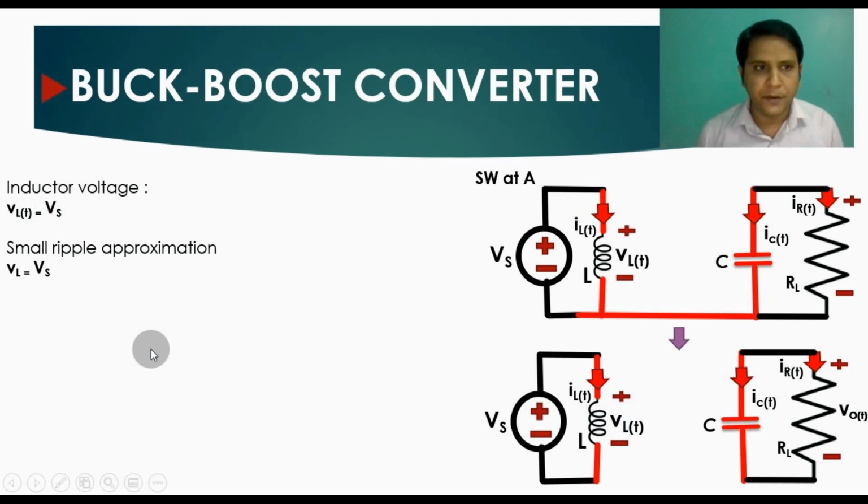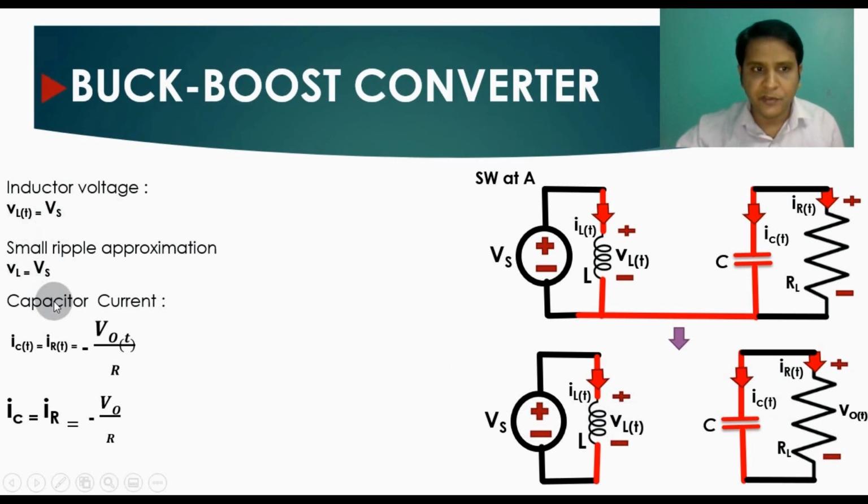If you apply the small ripple approximation here, the voltage across the inductor VL is given by the source voltage Vs.